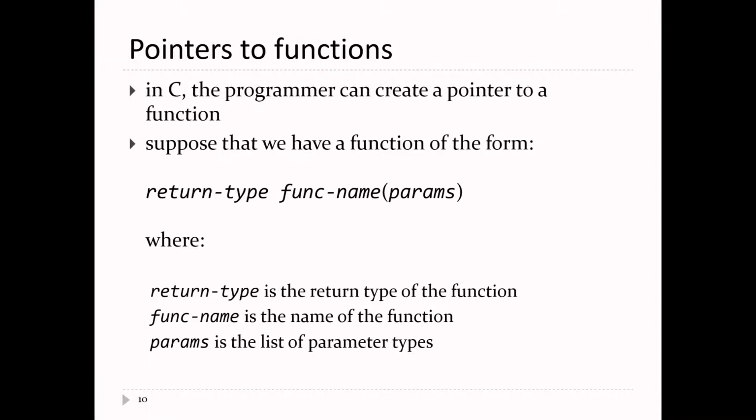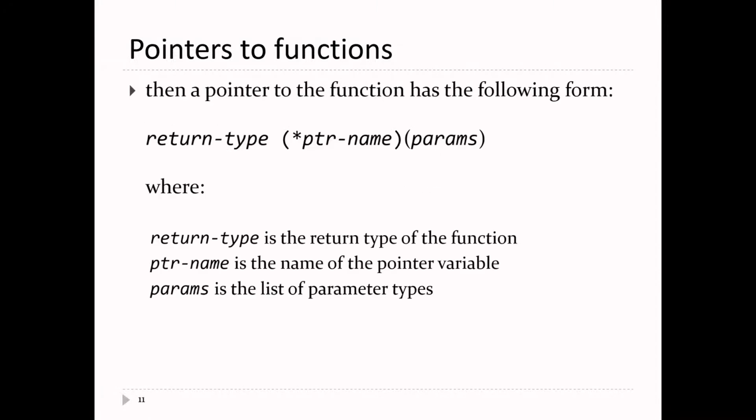If you want a pointer to that function, the pointer looks as follows. Now this is very weird. The syntax is very strange because it doesn't look like a pointer or a variable declaration, but believe it or not, this is a variable declaration.